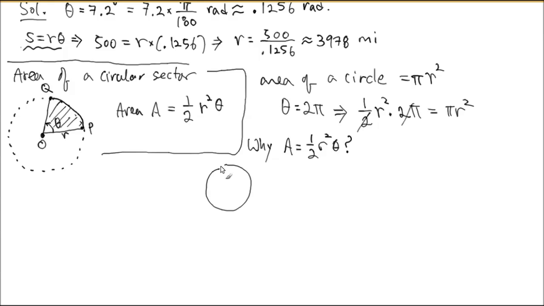A full circle with radius r: what is the angle there? 2 pi radians, you go around all the way. That is going to be area A1. What is that area A1? Pi r squared. And the second thing we want to compare is the circular sector, with this angle theta, which is not 2 pi, smaller, and its radius r. The area of this one is denoted by A2.